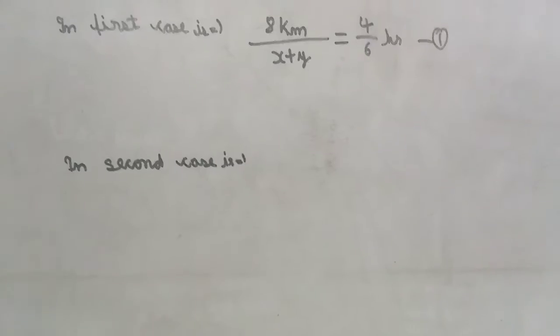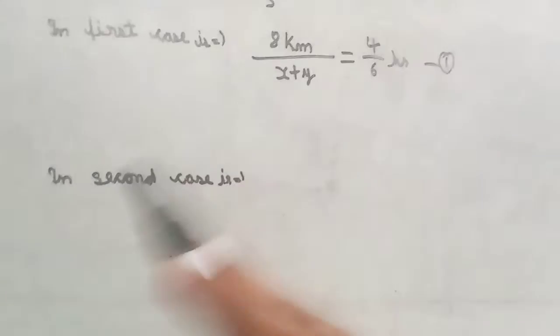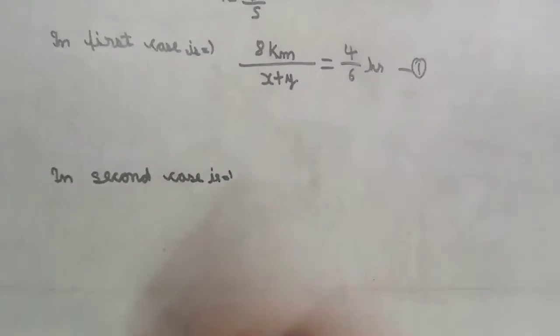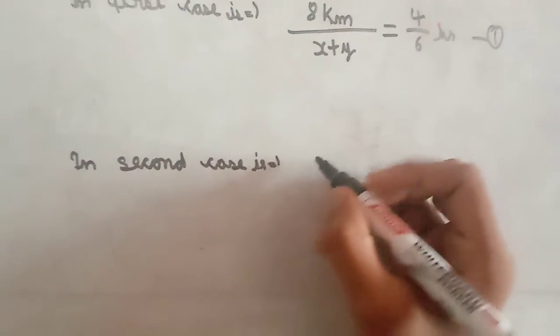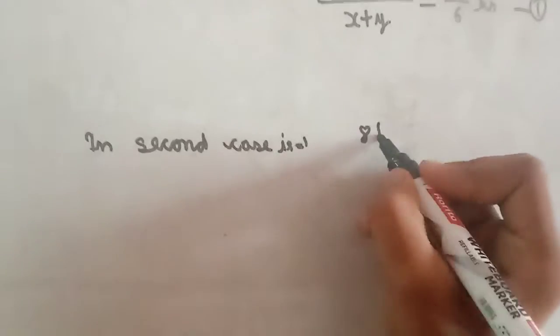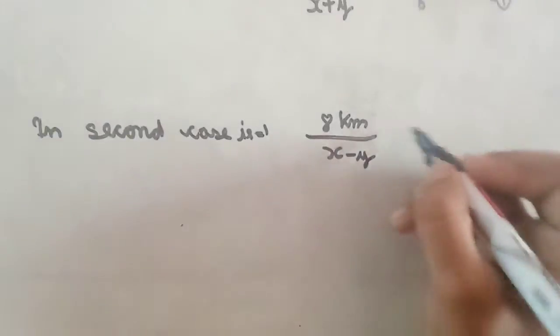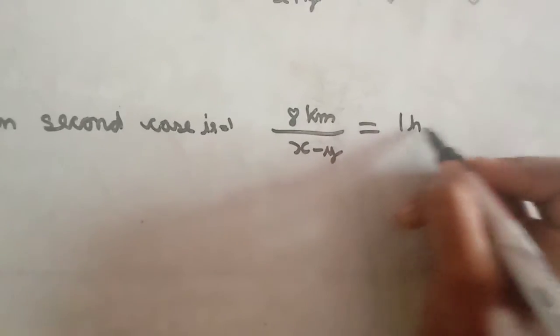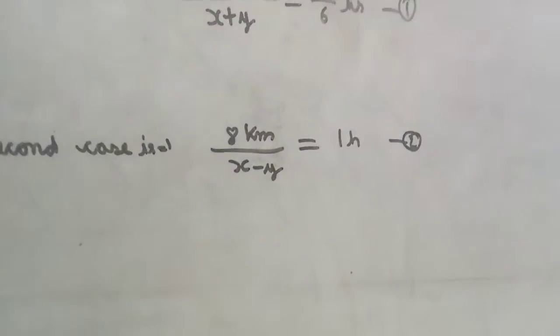In the second case, it is returning in 1 hour. From the returning it will be upstream, so 8 kilometer is as it is, and x minus y is equal to 1 hour. It is equation number second.